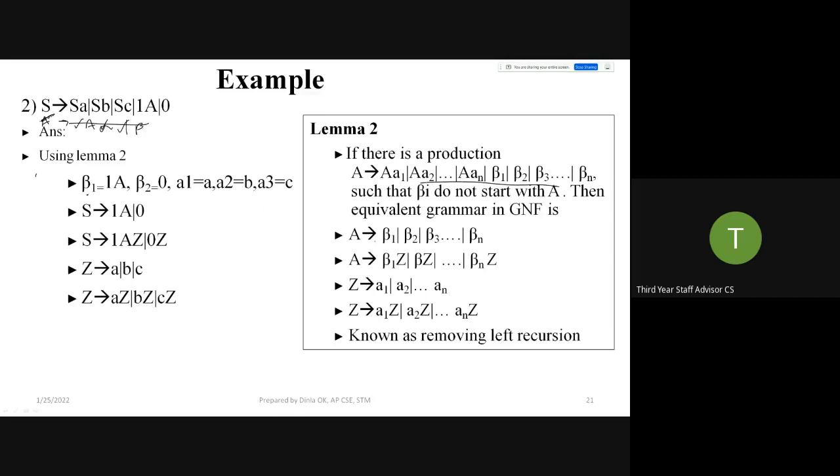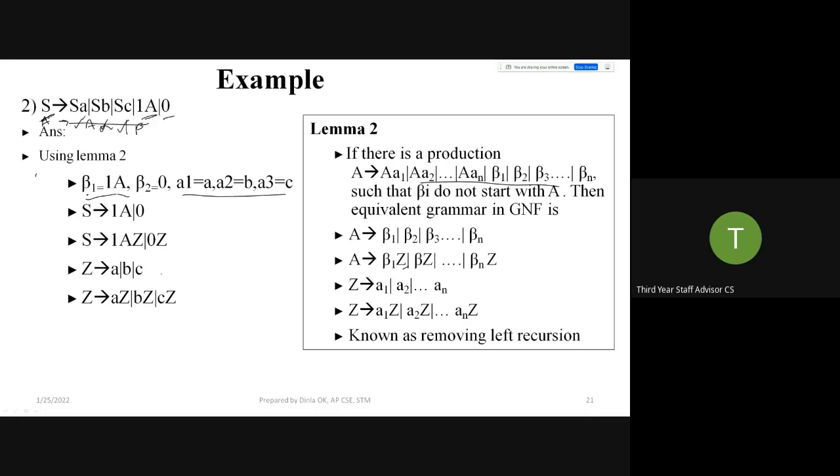We introduce Z. Here beta 1 is 1A, beta 2 is 0, and A1, A2, A3 can be taken as A1 equal to A, A2 equal to B, and A3 equal to C, because we take each term here in the form A1, A2, A3.